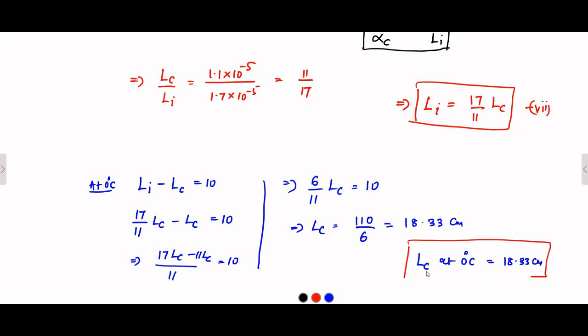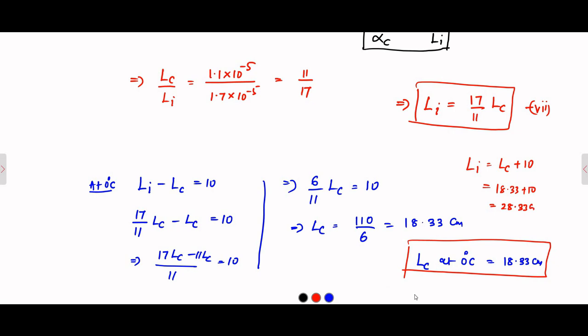Then the difference in length, Li minus Lc, is equal to 10. So Li is equal to Lc plus 10. So 18.33 plus 10 centimeters, which is equal to 28.33 centimeters.